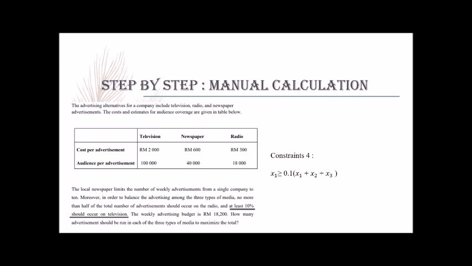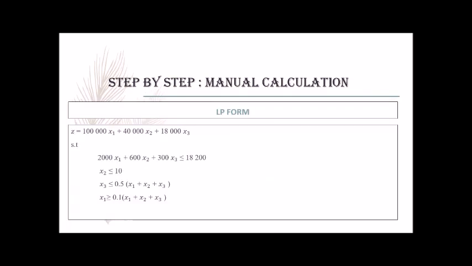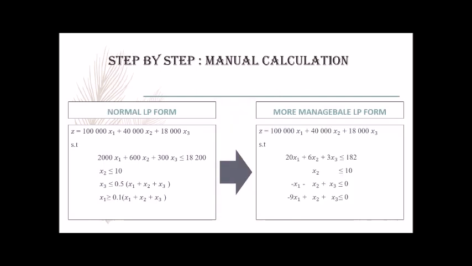Since the objective function has been set and the constraints have been identified, we can write this in LP form. From this LP form, we change it into a more manageable LP form in order to ease the calculation.